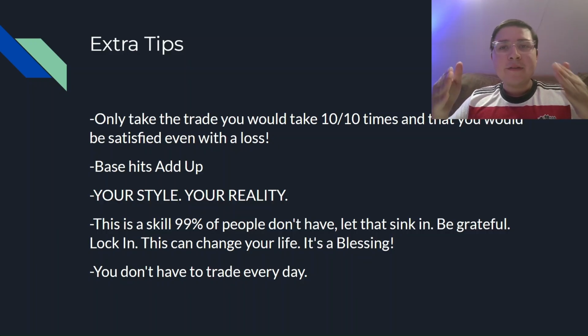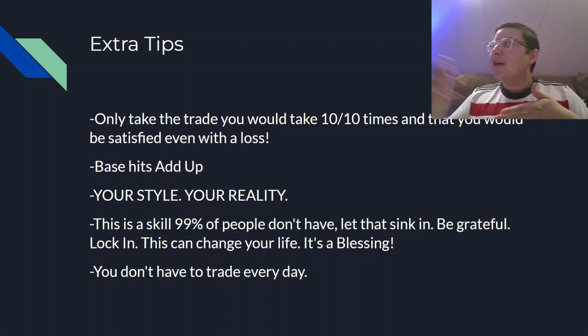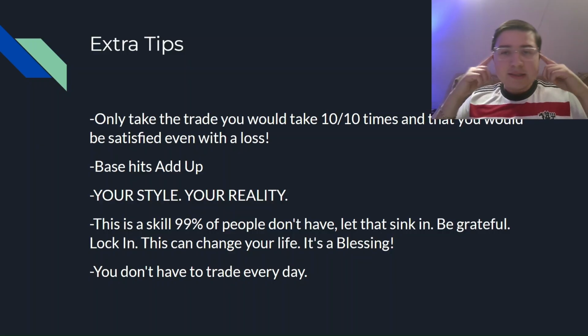Be grateful and lock the fuck in. This can change your life. It's a blessing to be able to open up your laptop and make $100, make $200, just sitting here. That's 8 hours of someone's day. That's crazy to think about. Perception is everything. So you guys need to lock in. This is a blessing. Lock the fuck in. Get that payout.